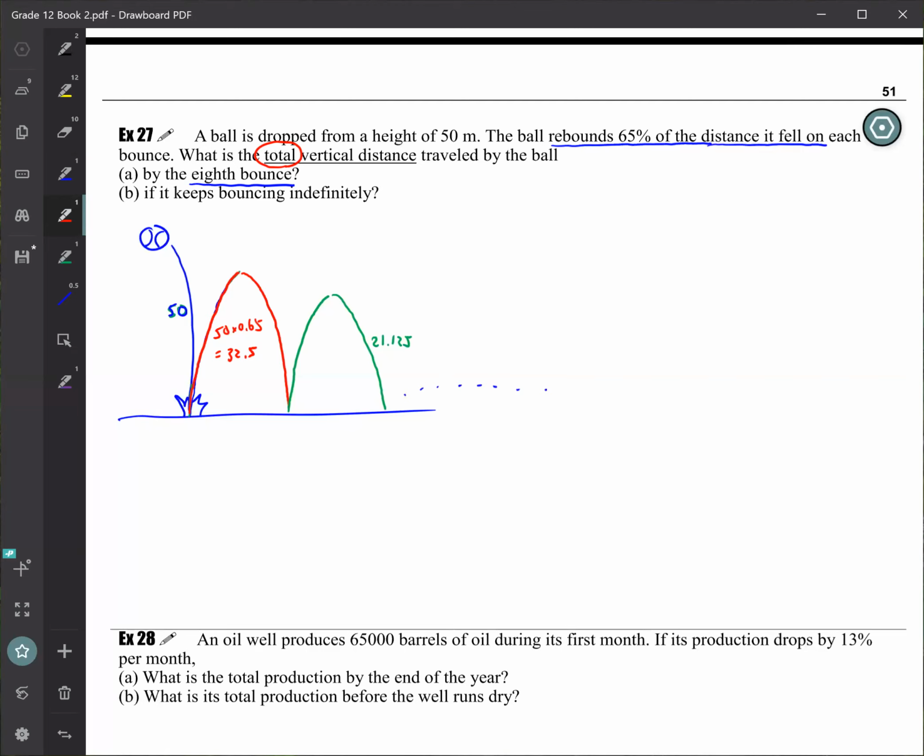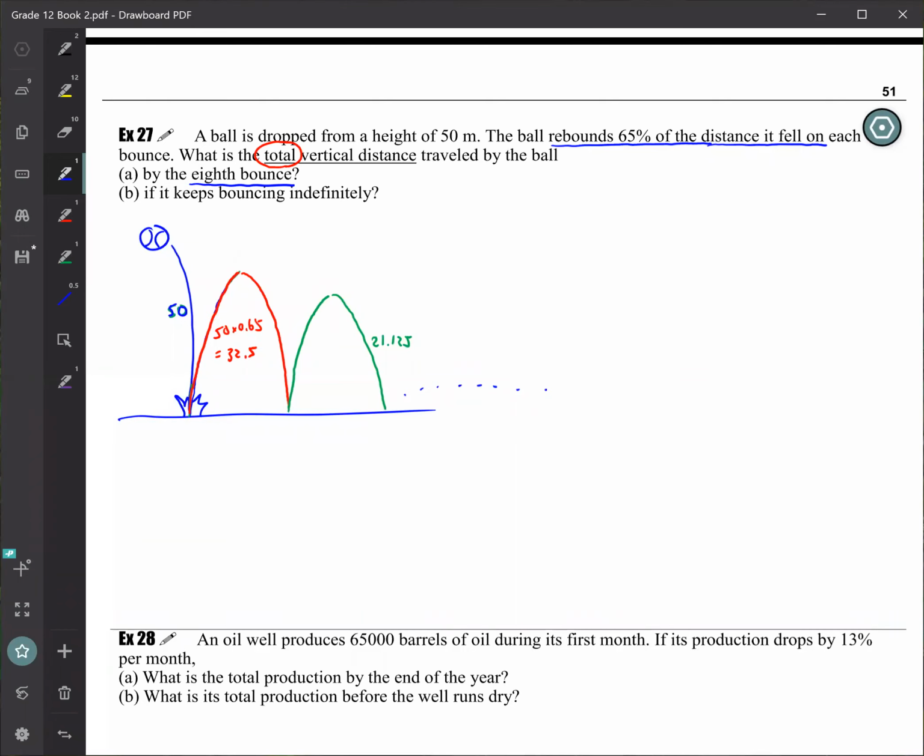Kelly, what do you think? Which one has to do with the word total? Is it sequence or series? Kelly?